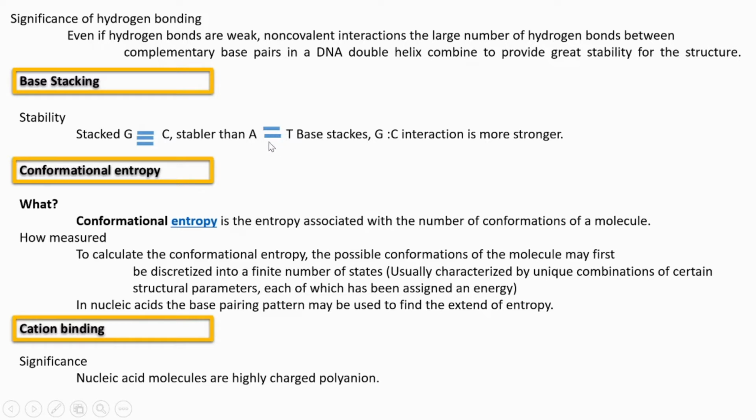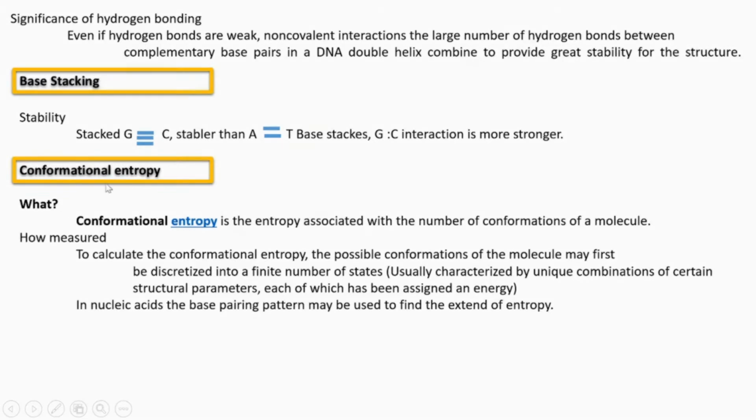So it is less stable when compared with the guanine cytosine base pair. So those regions or those DNA having more GC content are more stable than the DNA with more AT content. Okay.